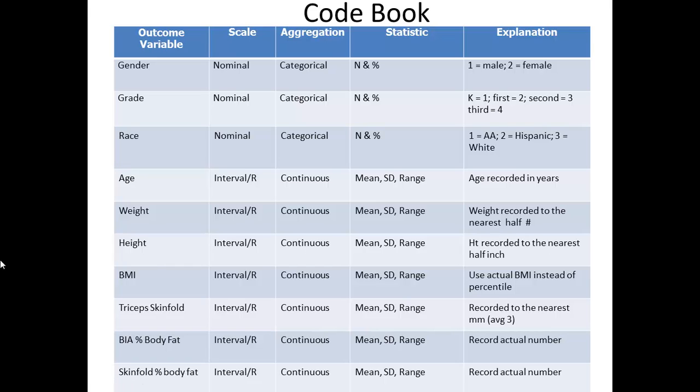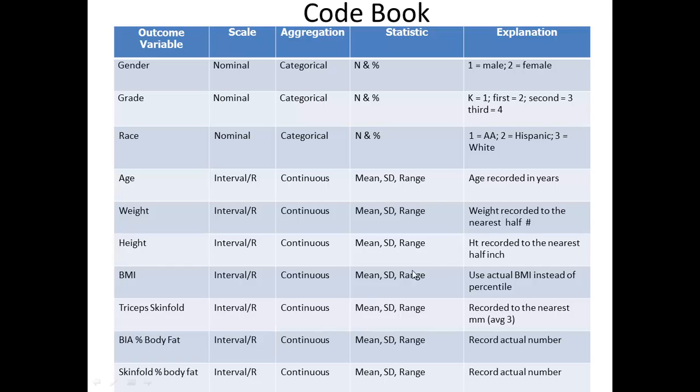In the first column, we have the variable that we collected. In the second column, we have assigned the type of measurement scale that's associated with that variable. Again, SPSS will ask you for this information. The third column is the type of variable.